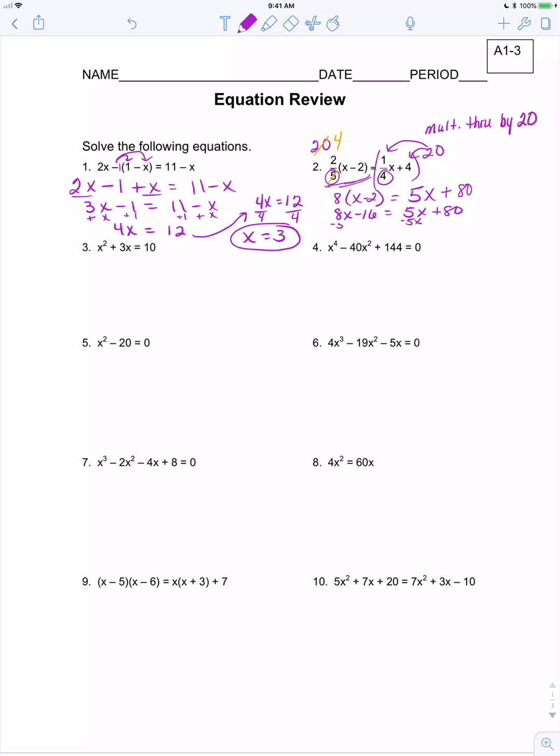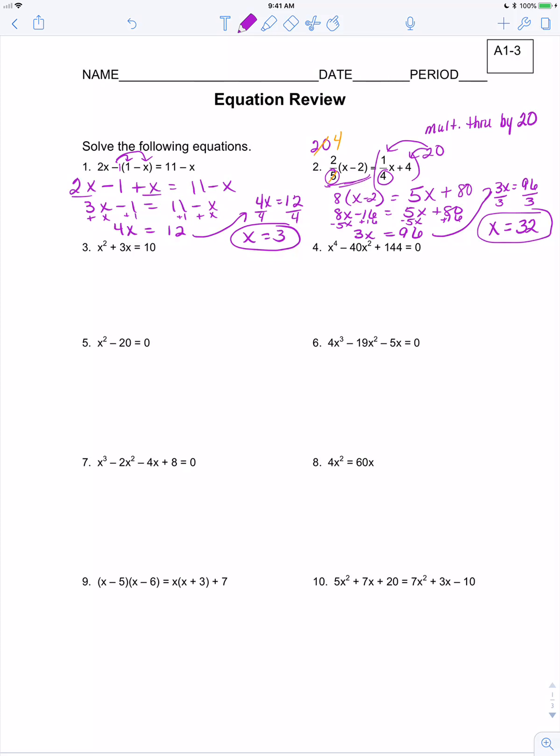And let's just work on isolating that x. So that leaves me with 3x on this side. I'm going to add 16 and get all my whole numbers on the other side. That leaves me with 96 over there. So 3x is equal to 96. Divide both sides by 3. So x is 32.